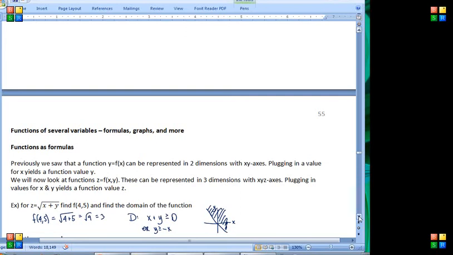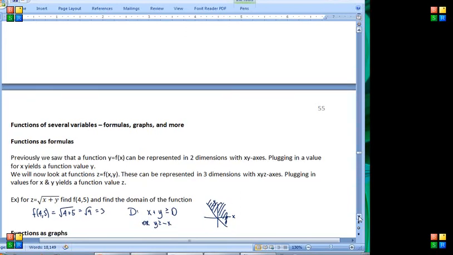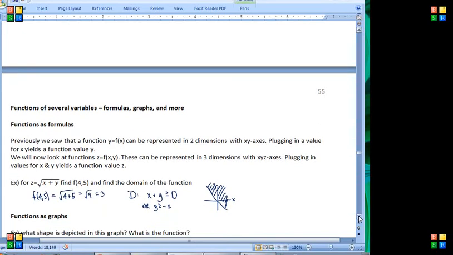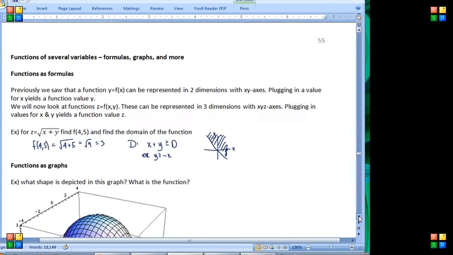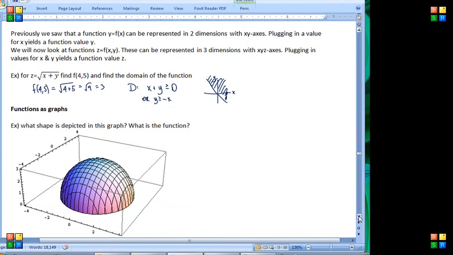Now, to help us think more about this, let's talk about these functions as graphs. So, first of all, what shape does this look like? Okay.